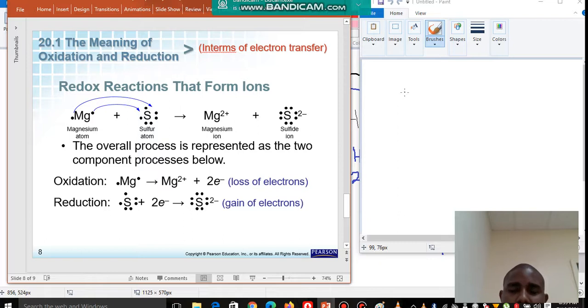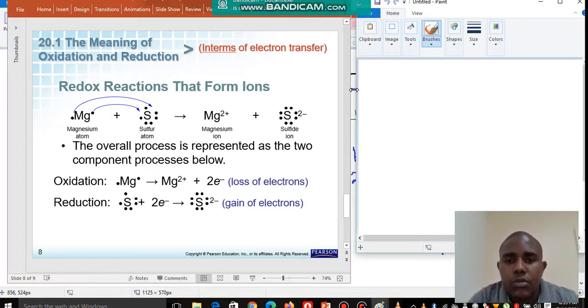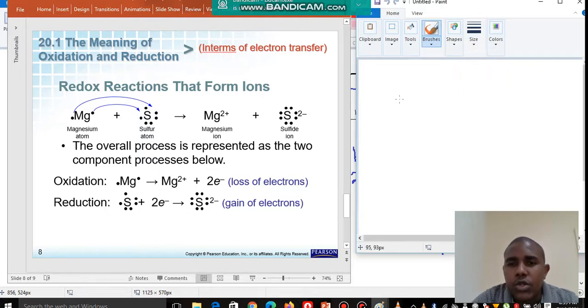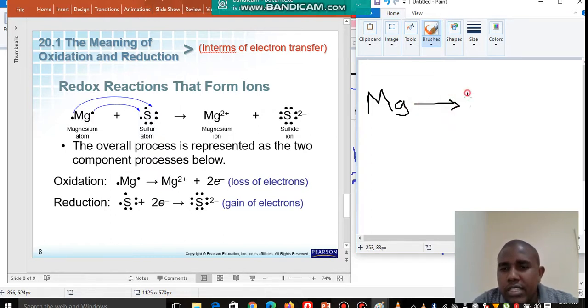So let's see it on our board over here. So we have magnesium, which has been converted into magnesium ion.